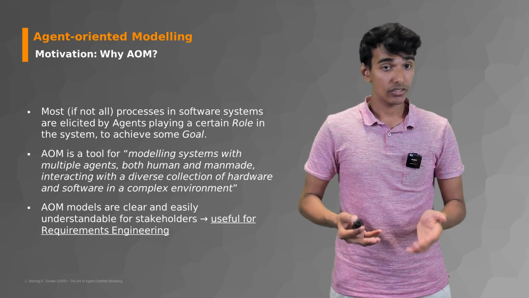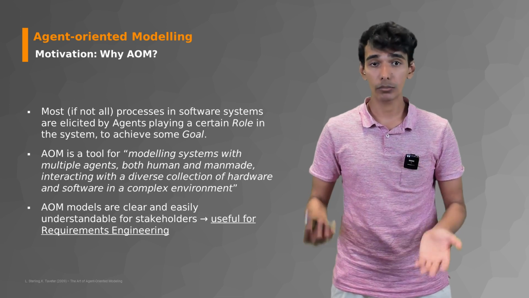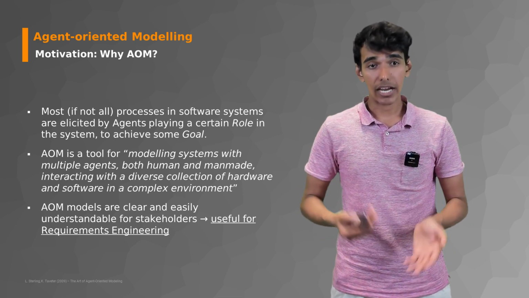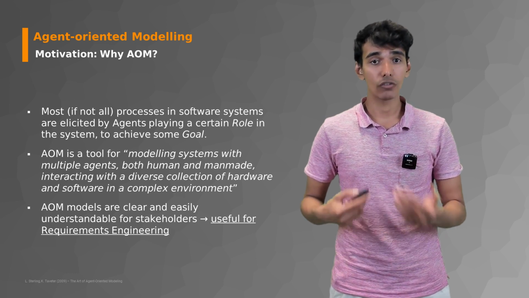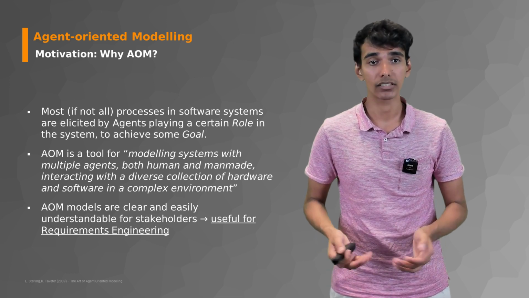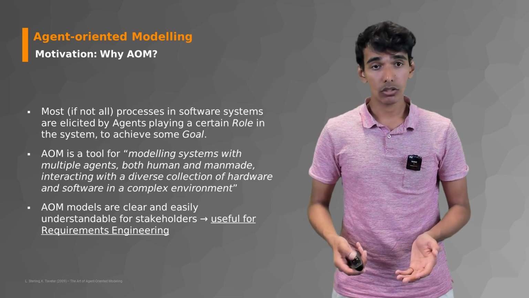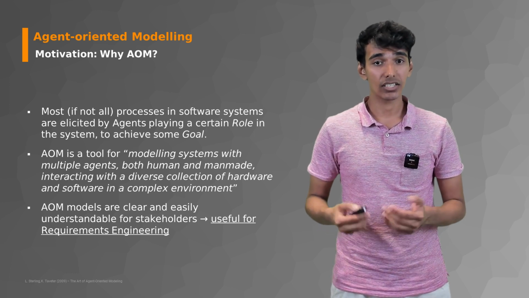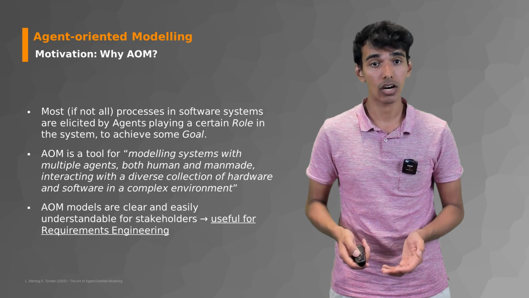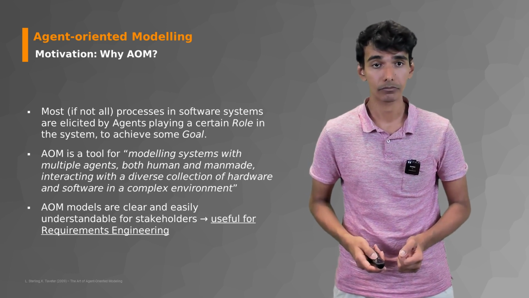AOM, or agent-oriented modeling, is a tool for modeling systems where there are multiple agents, both human and man-made, and the various interactions between these, with a diverse collection of both hardware and software in many complex environments. This is why agent-oriented models are very clear and easily understandable for stakeholders, which is very good for requirements engineering because you need active involvement of stakeholders for this.